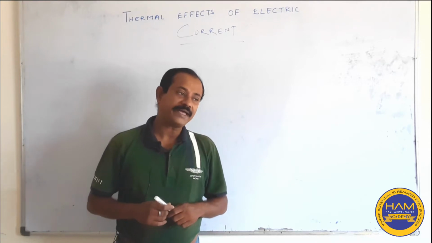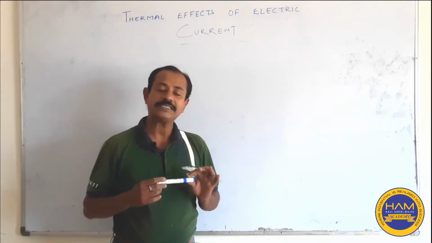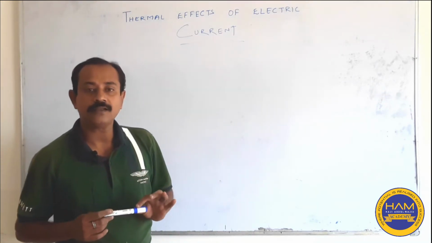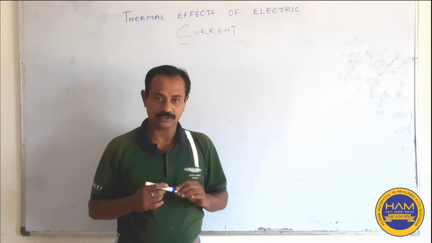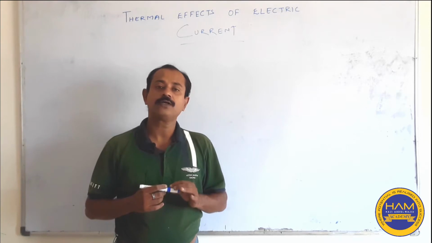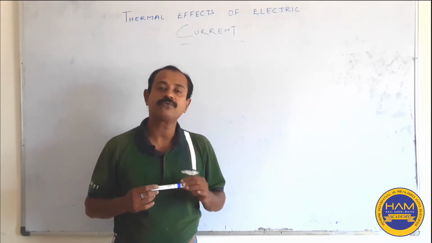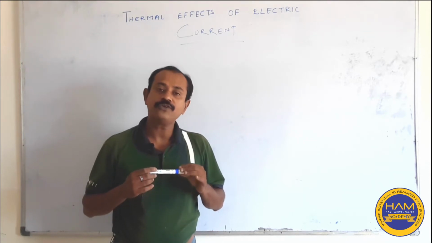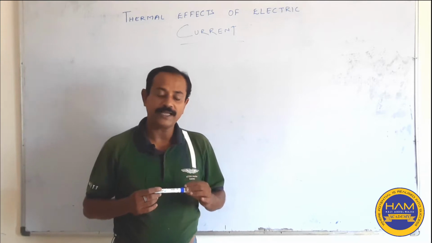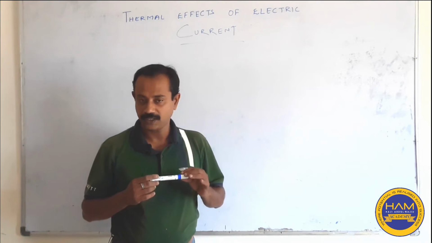Fine. Now, as we know that there is a current, what is a current, students? Yes, you are right. Current is basically the rate of flow of charges. Now, if through a cross section of wire lots and lots of charges are moving from one place to another, obviously due to the movement there will be kinetic energy, and due to that kinetic energy there will be a generation of heat.